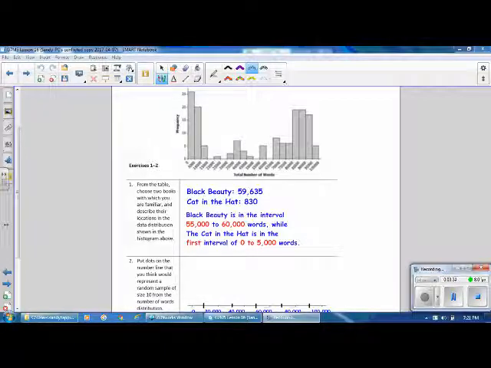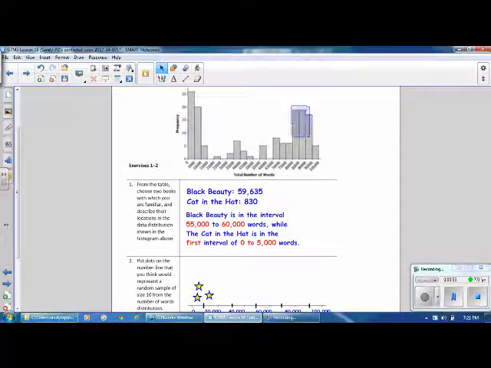So I would expect in my sample of 10 that there would be at least 1 in that interval, maybe even 2. Then I notice that there are more books in the lower intervals of, say, less than 20,000. So I'm going to put another one over there. Then I notice over here that there are quite a few in this group of 85,000 to 95,000.